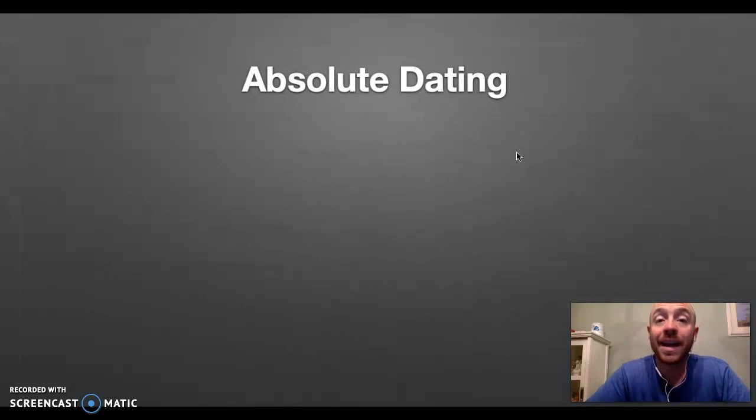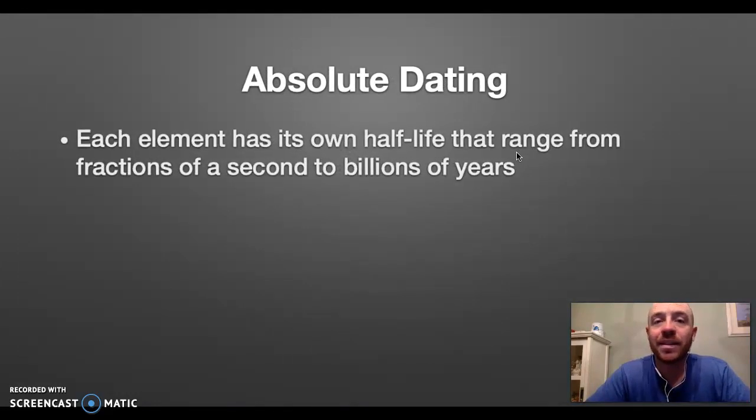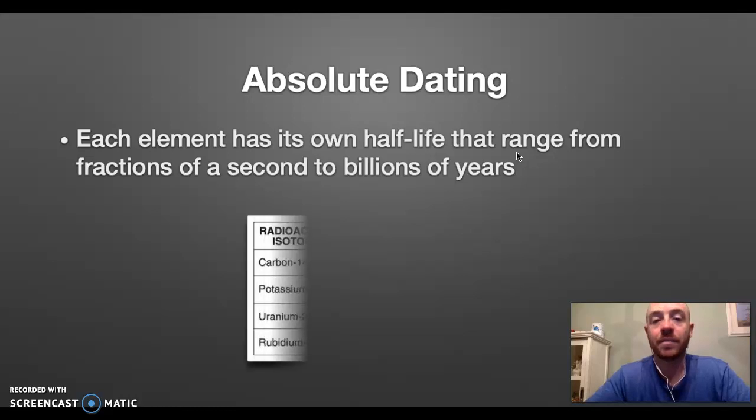So you get elements with half-lives ranging from maybe a fraction of a second to billions of years. Half of the unstable isotopes that are left will break down into stable ones, and then what's left behind will go through another half-life, and then another, and another.